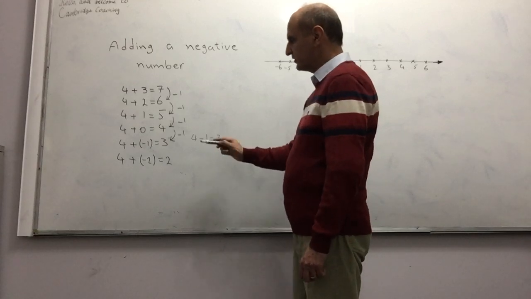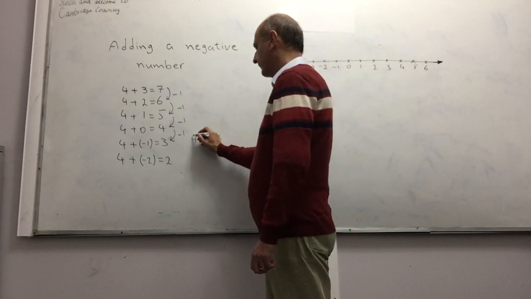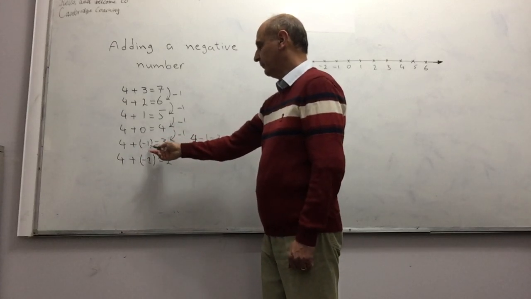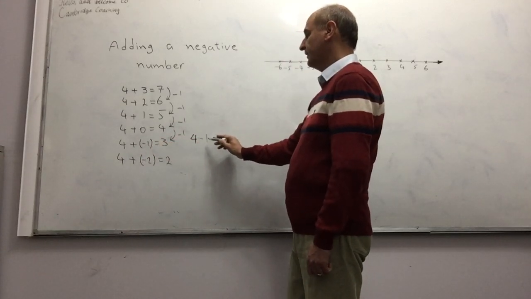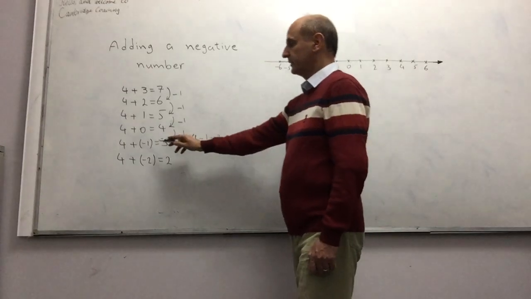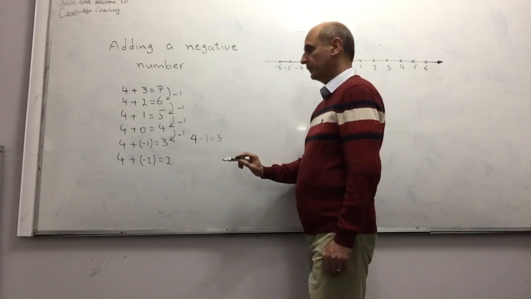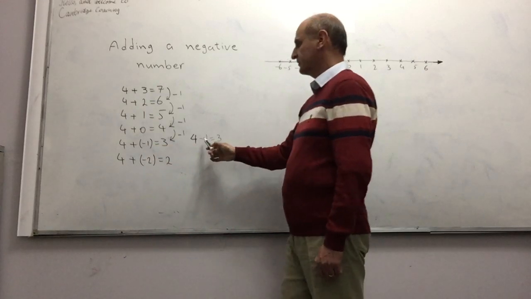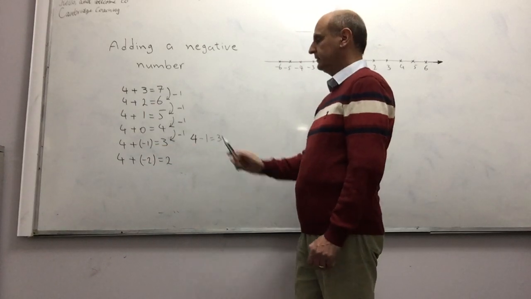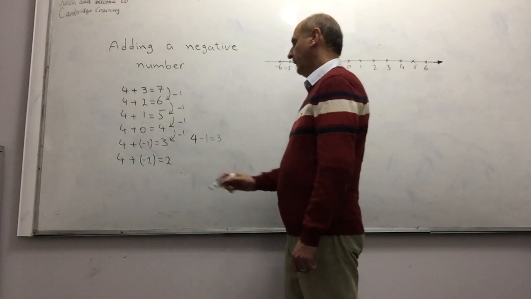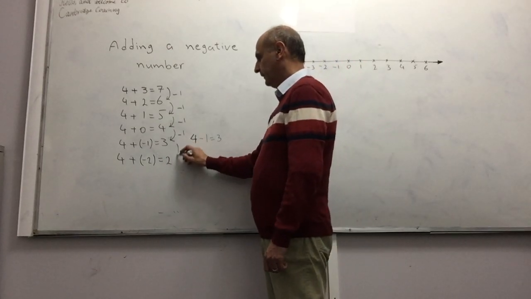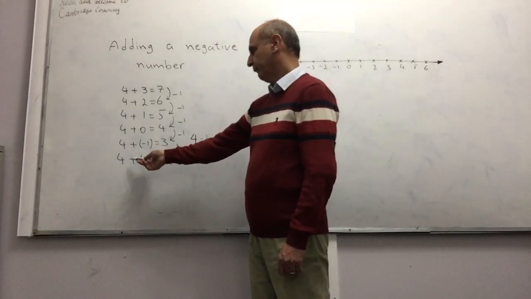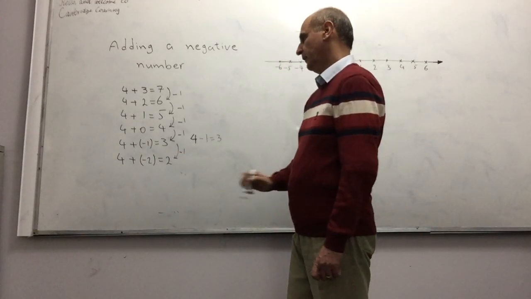Okay, so this suggests that adding a negative number is the same as subtracting the positive of that number. So rather than adding minus 1, I can just subtract 1 and get the same answer. And here, again, the answer has gone down by 1, and I have 4 plus minus 2.